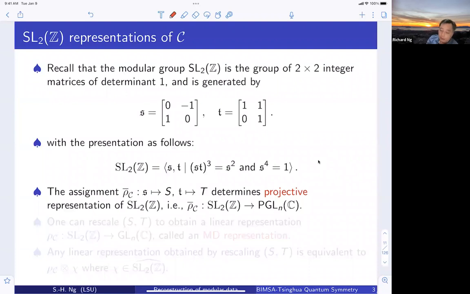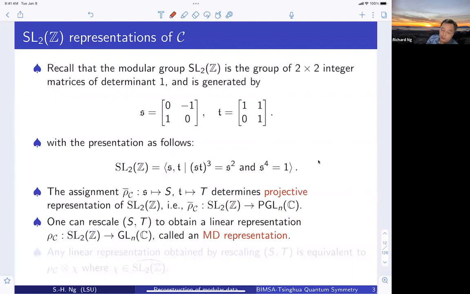But anyway, nevertheless, we linearize it, or we scale these matrices to make it into a representation. Not the projective one, an ordinary one. So these are different. This is a projective representation. This is an ordinary representation, just by rescaling. So rescaling S and rescaling T, you can rescale S by the square root of the dimension and T by some third root of the central charge.